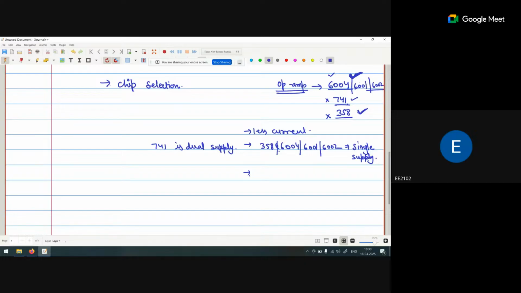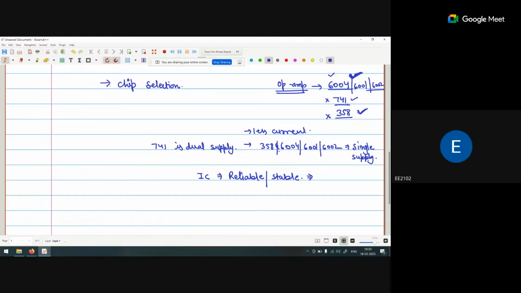Now the third thing, the main important thing, is that when we choose an IC, first of all identify which IC is more reliable or stable. What is the meaning of reliable and stable?